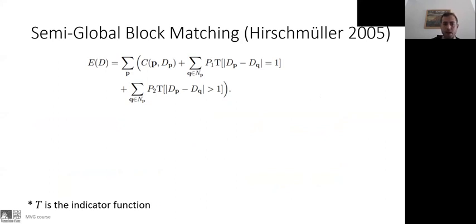What they did is to define the following energy. I write it in their notation, but it's very similar to the notation that we saw before. We have the cost value for assigning pixel P some disparity that we need to select. And we have the smoothness terms that are defined in this way.